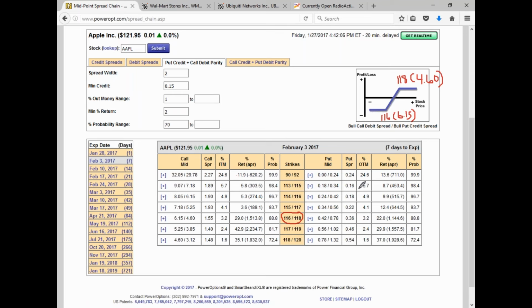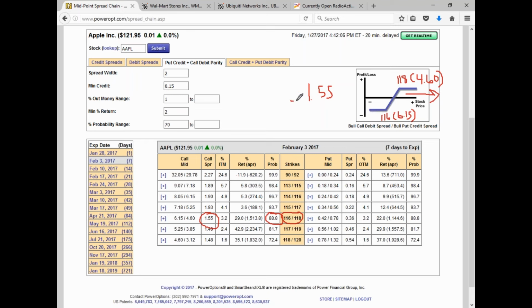So what does that really mean? Well, that means we now have a net debit of $1.55. It would cost us $1.55 to enter this position, the bull call debit spread. But what happens at expiration? Well, if the stock is trading above 118, which is still the same 88.8% probability, both calls would be in the money.